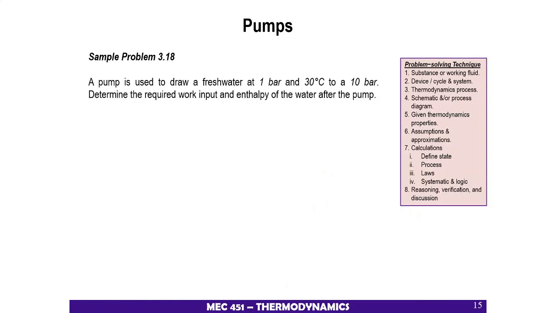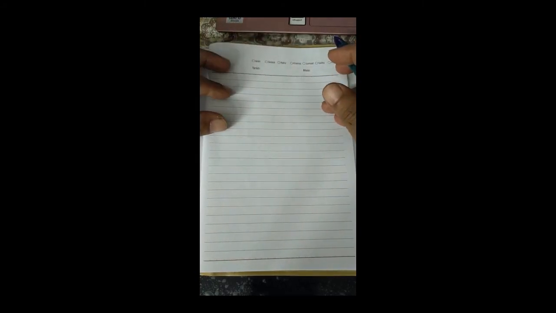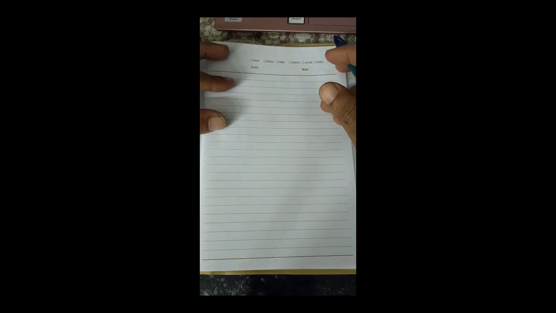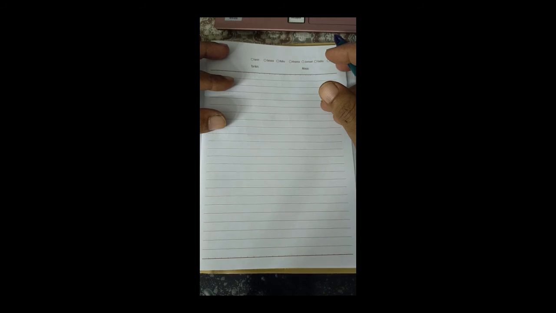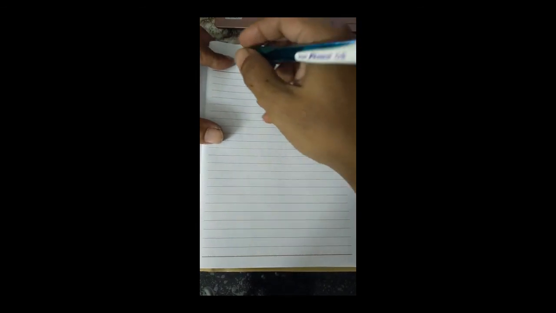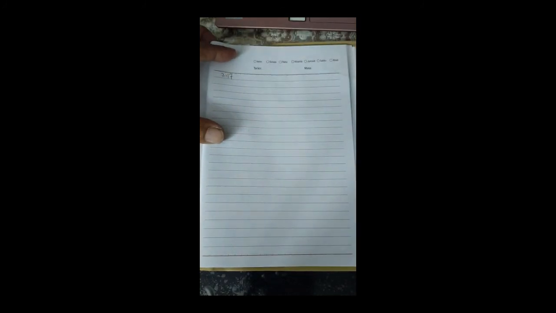Sample problem 3.17. A pump is used to draw fresh water at 1 bar and 30 degrees Celsius to 10 bar. Determine the required work input and enthalpy of the water after the pump. So we have a pump.